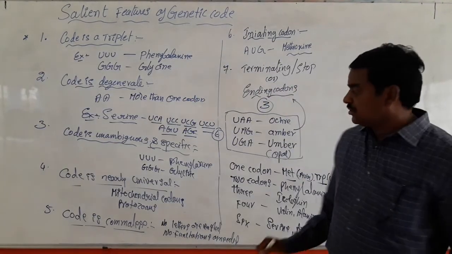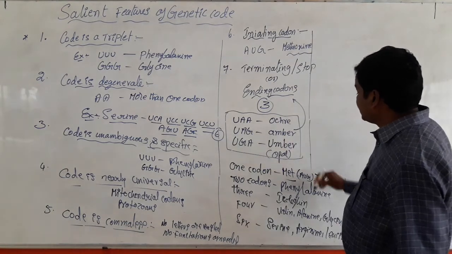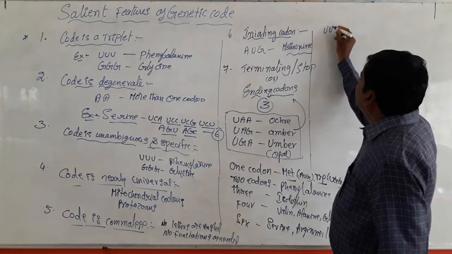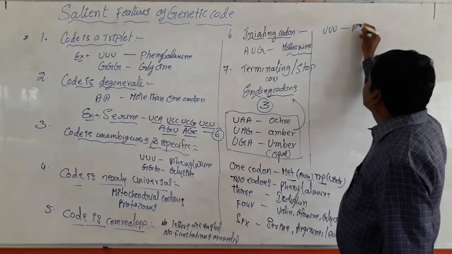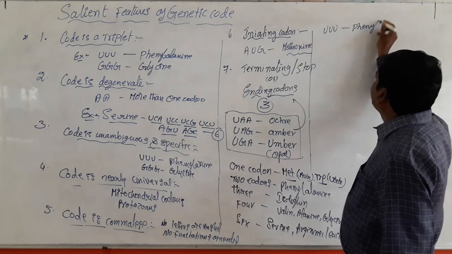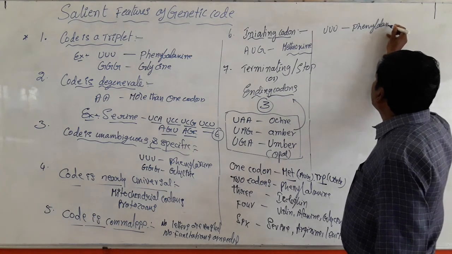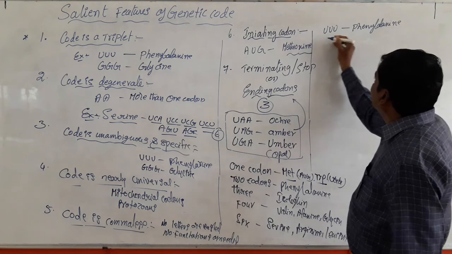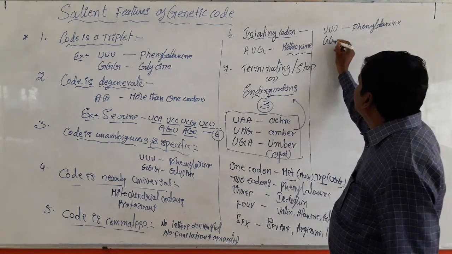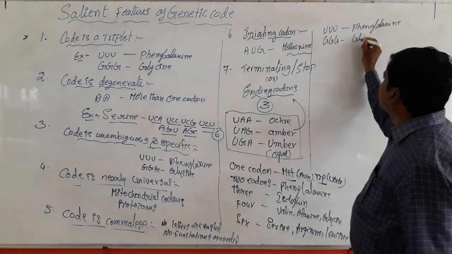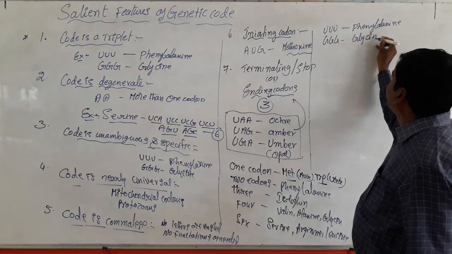Students, now coming to other points. UUU recognizes phenylalanine. GGG recognizes glycine.